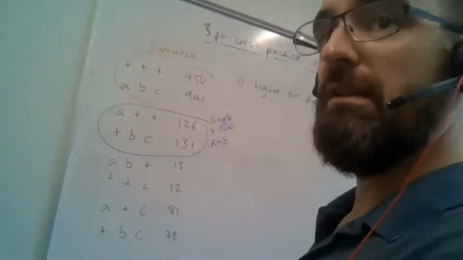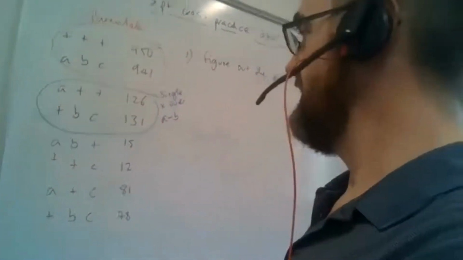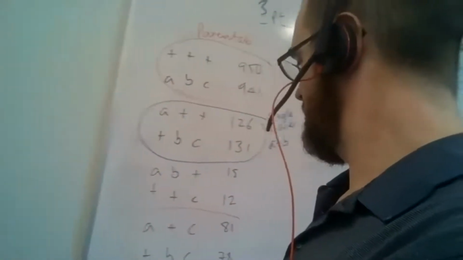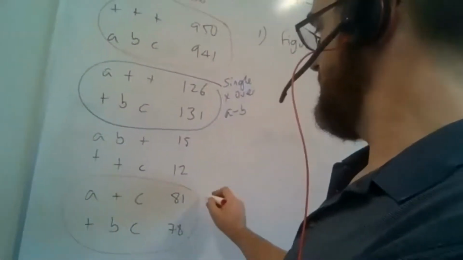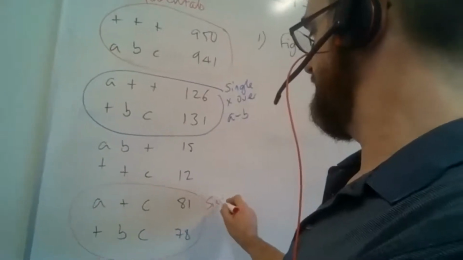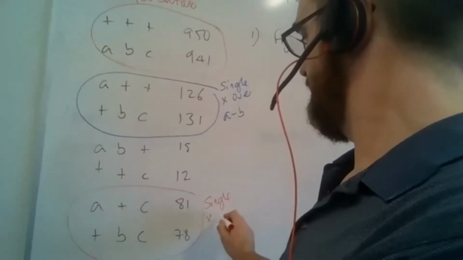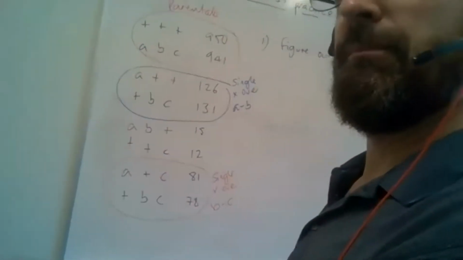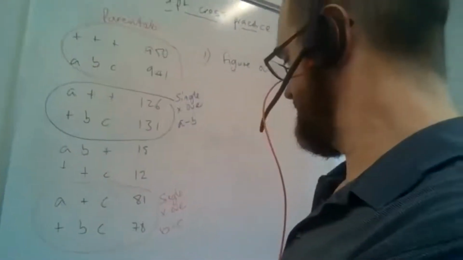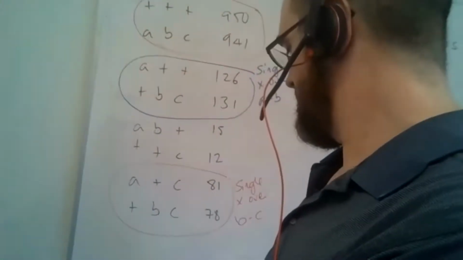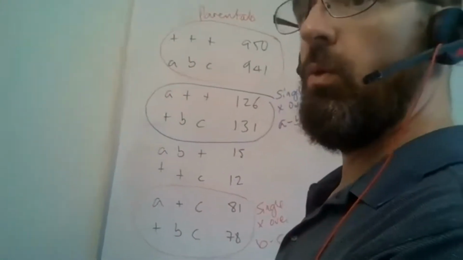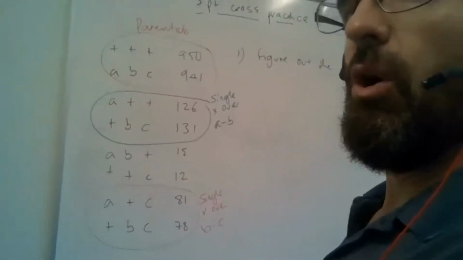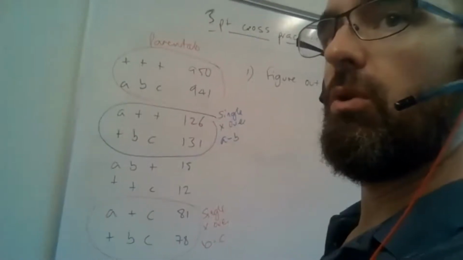Now, if we have 3 genes, A, B, C, the other one has to be between B and C. Right? And the most important one of all, which ones are the result of a double crossover?